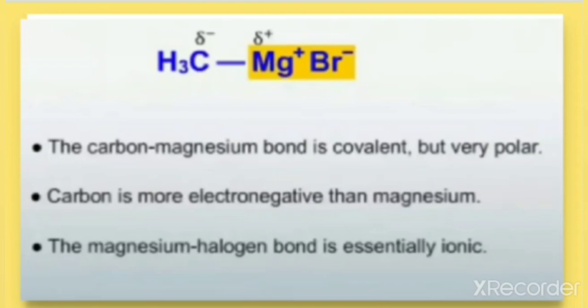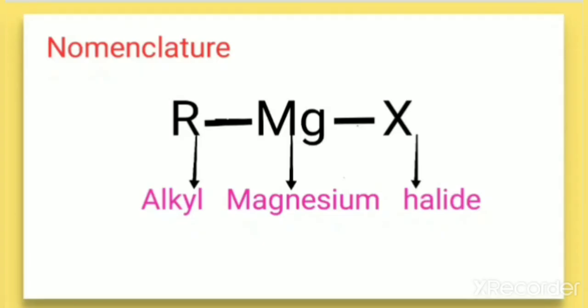Let us see how it is named. Let us look at the nomenclature of Grignard reagent. Grignard reagents are named like this. First of all, we will discuss the name for the general formula, that is RMgX. What is R here? R is an alkyl group.